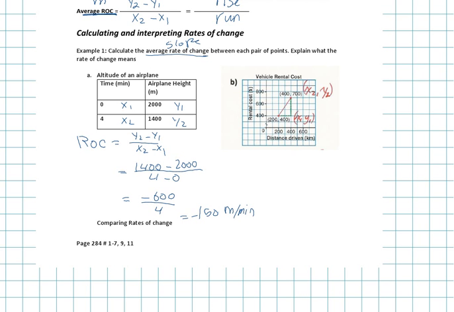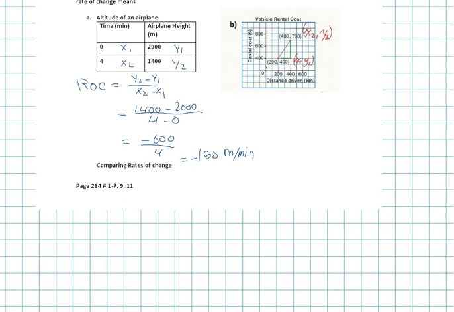So that means that the airplane height is decreasing 150 meters per minute.